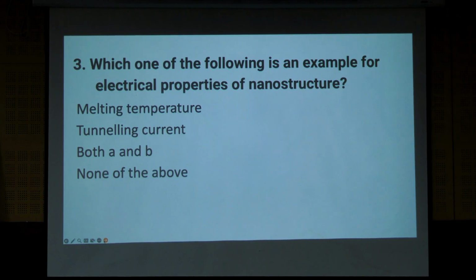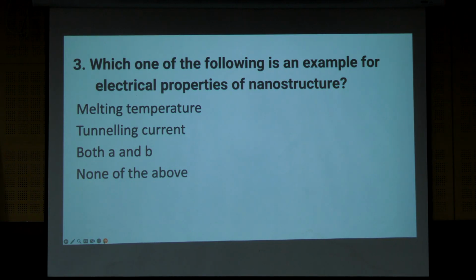Which property is part of the electrical properties of nanostructures? Both single melting or tunneling, both.